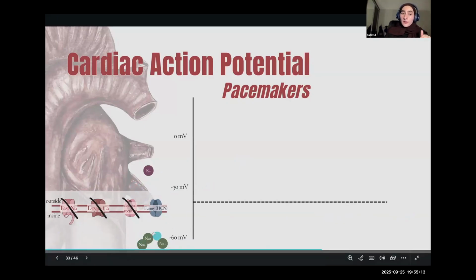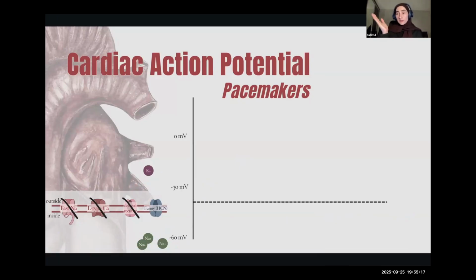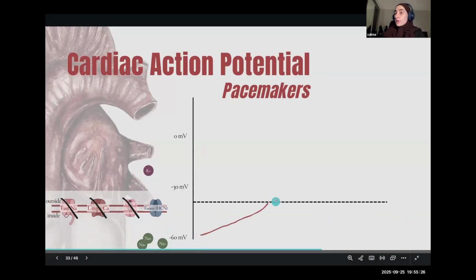Is this gonna cause a depolarizing current or a repolarizing current? Depolarizing current. So it's gonna look like this. So once your pacemaker is resting, its membrane potential is constantly increasing. Okay, it's constantly depolarizing. And then it's gonna get to threshold.